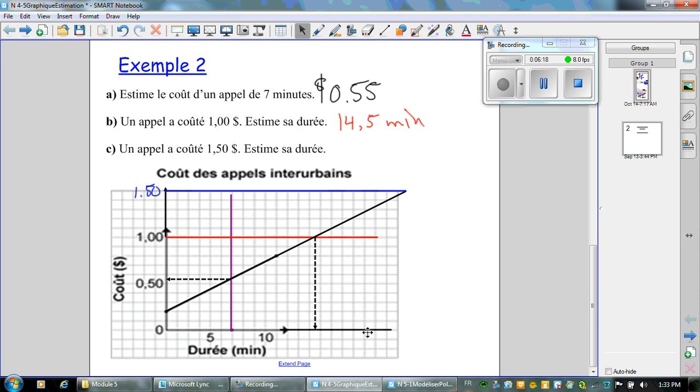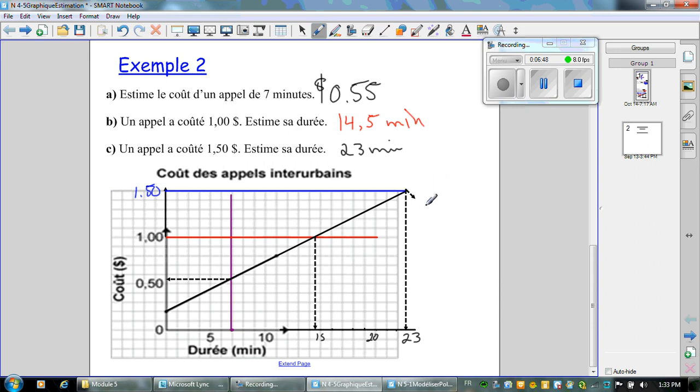It's going to be this point here. So how much would that be? How long? Let's see. This is 10, 11, 12, 13, 14, 15. This is 15, 16, 17, 18, 19. This is 20, 21, 22, around 23. So 23 minutes.